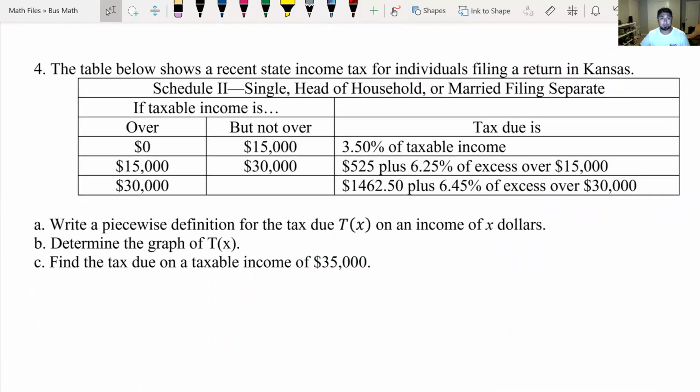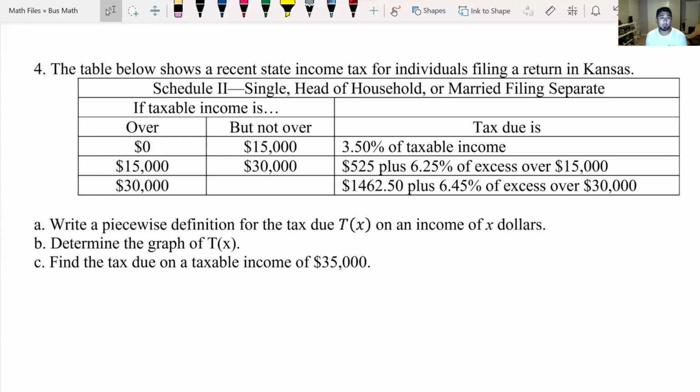Okay, last one, application. The table below shows state income tax for individuals filing a return in Kansas. Let's see. If taxable income is over $0 but not over $15,000, then that single person, that individual, will only pay 3.5% of taxable income.